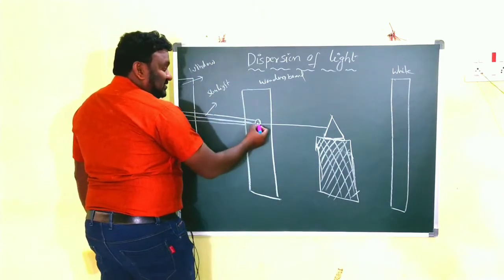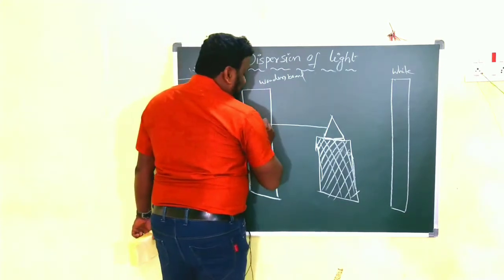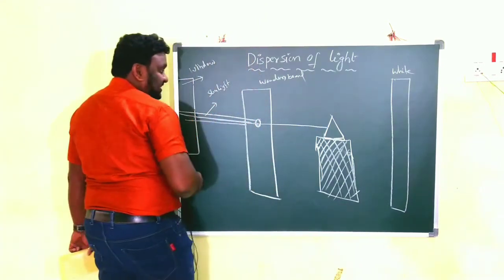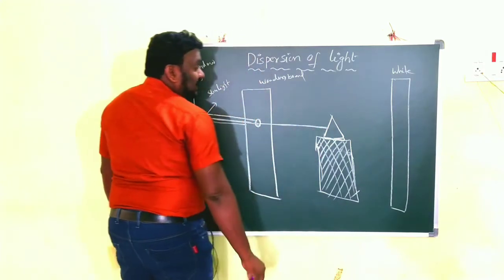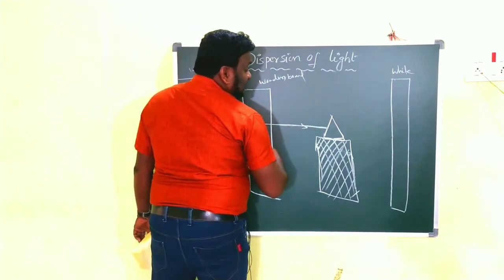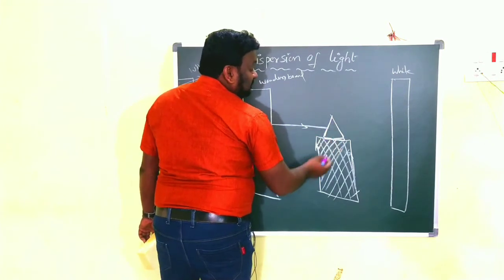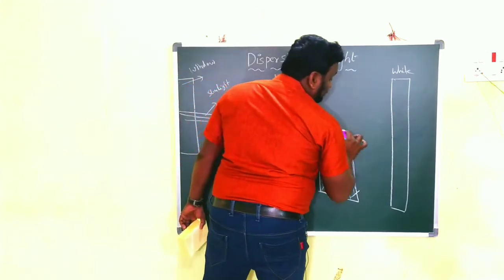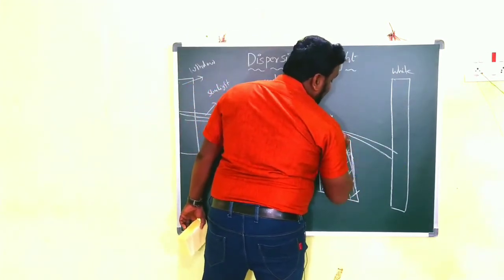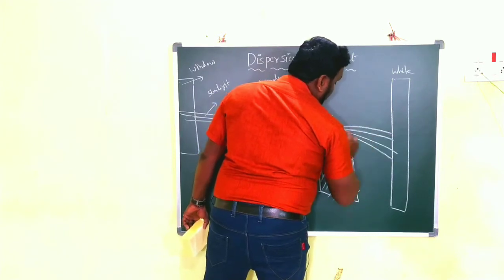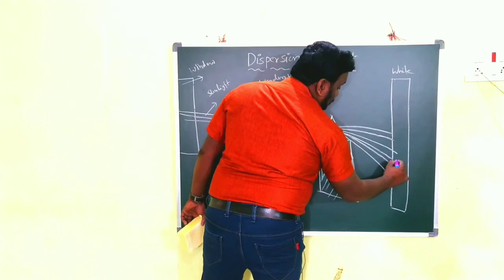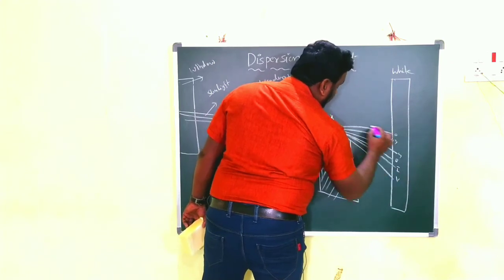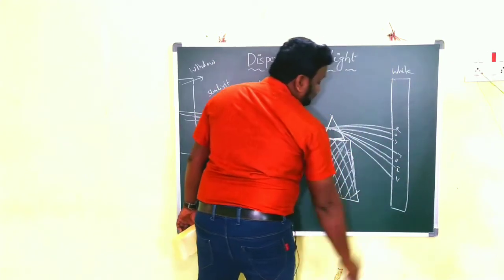Clear? When the light enters through this particular hole or slit, it becomes like a beam, and the light is incident on one side of the prism. After that what do you observe? The light splits into a number of colors: violet, indigo, blue, green, yellow, orange and red.